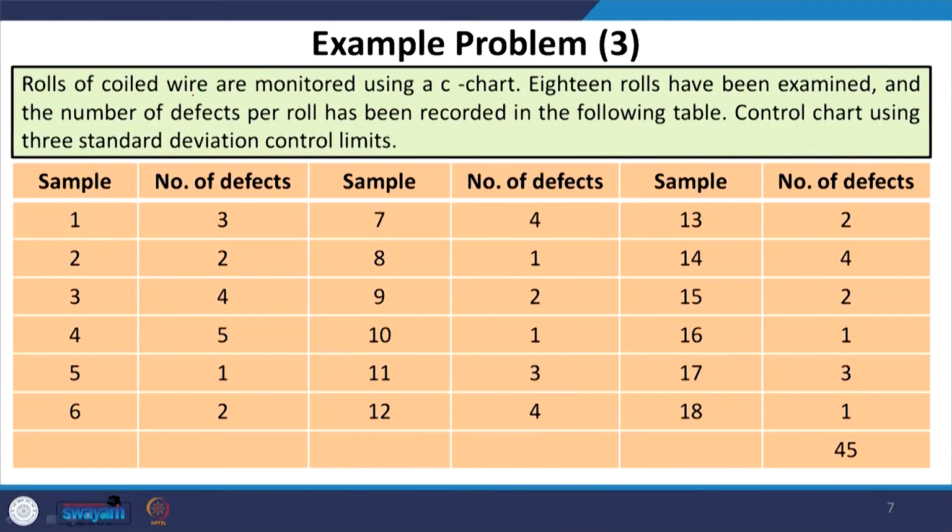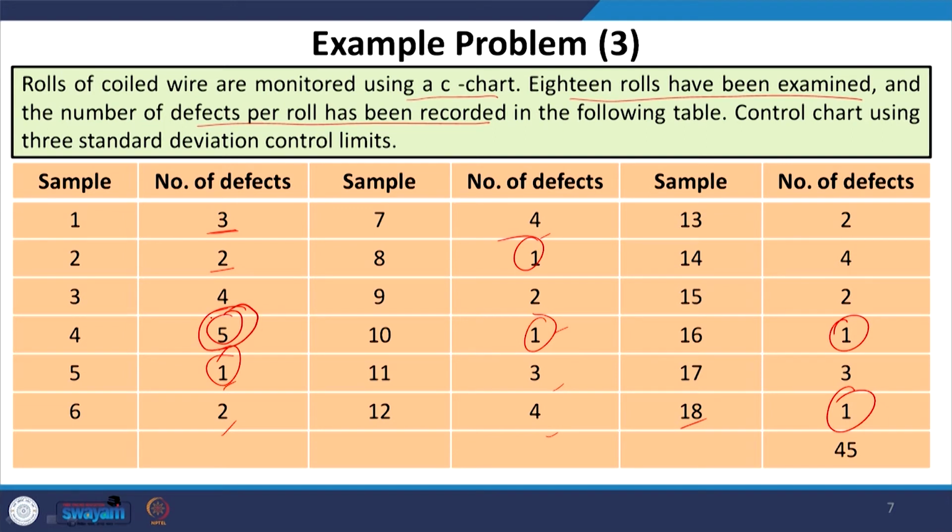Rolls of wire are monitored using a C chart. 18 rolls have been examined. The meaning of this is that you have taken 18 samples and the number of defects per roll has been recorded. The number of defects varies from 1 and may go as high as 5 in some cases.